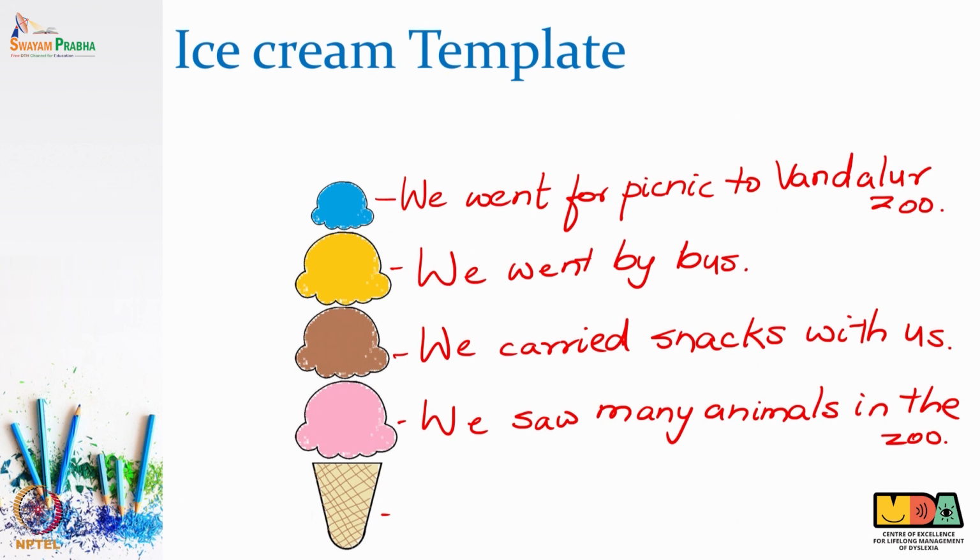Those were the 3 supporting sentences we wrote about our picnic. Now, let us see what would be the concluding sentence. It was fun to go around the zoo.